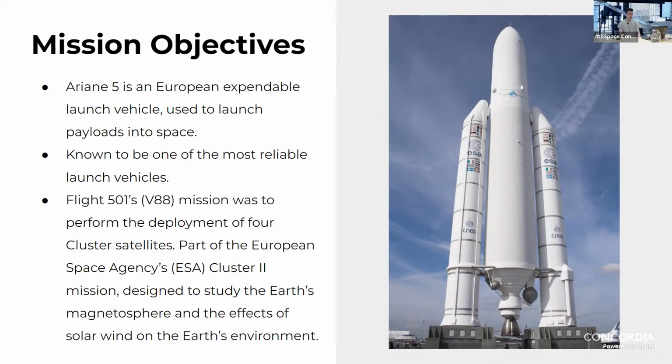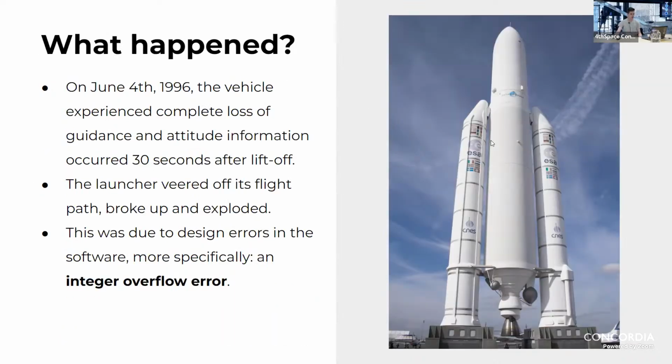So Flight 501's mission was to deploy 4 satellites as part of the European Space Agency's Cluster 2 mission. Those were designed to study the Earth's magnetosphere and the effects of solar wind on the Earth's environment. As you can imagine, that mission was a failure.